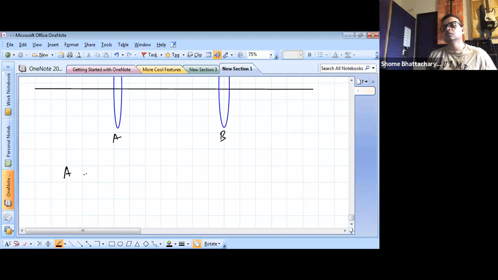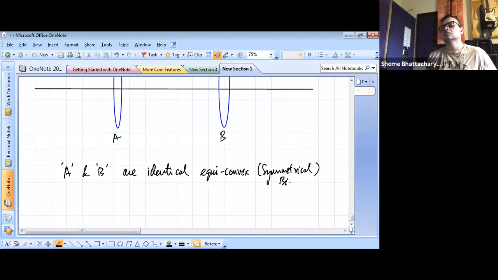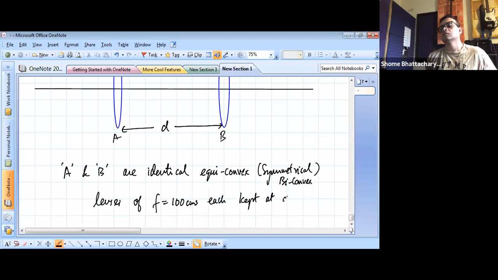A and B are identical equiconvex, symmetrical biconvex lenses of focal length 100 centimeters each, kept at a distance d equal to 60 centimeters.